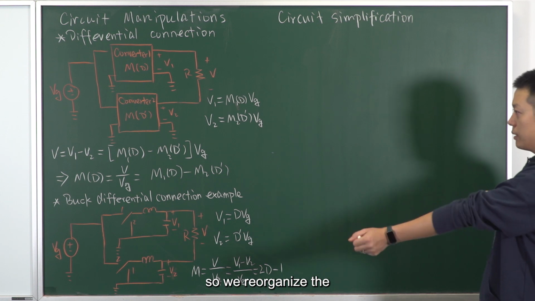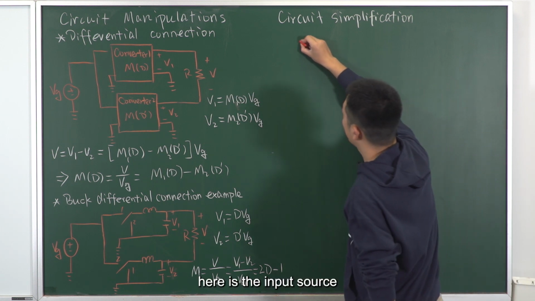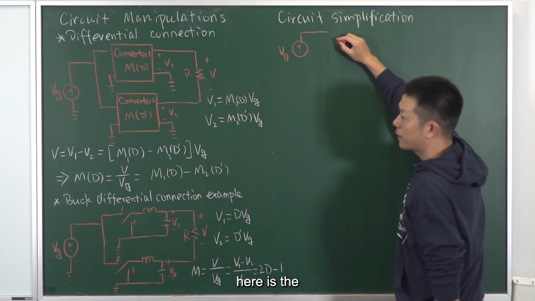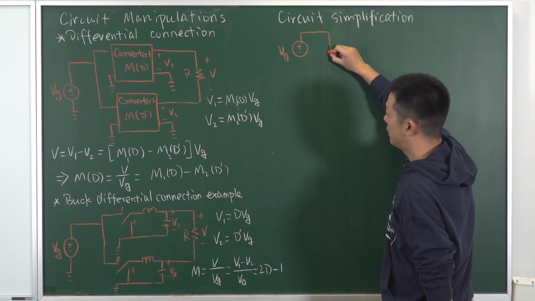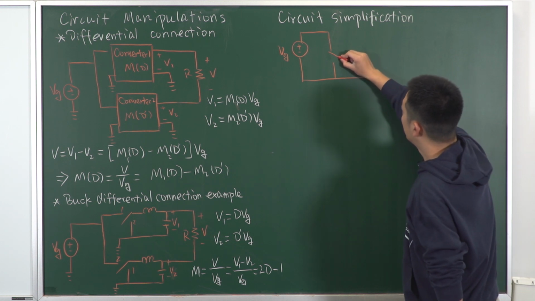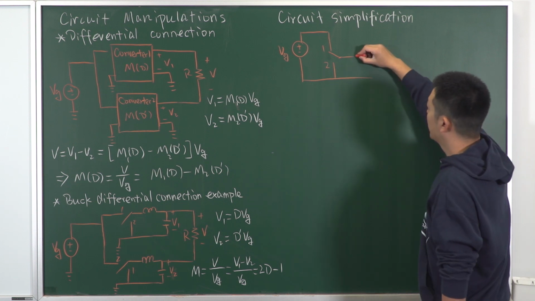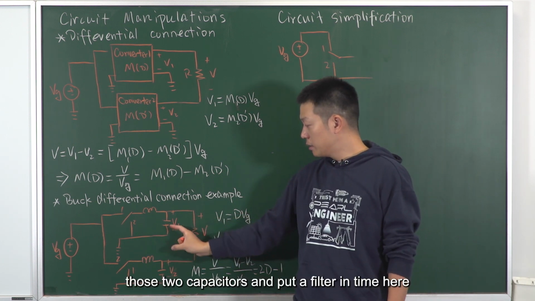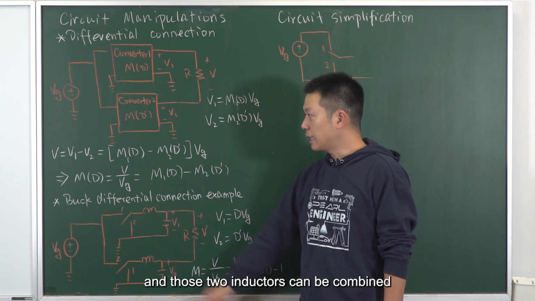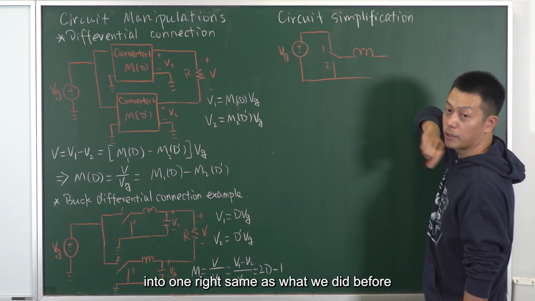So we reorganize the circuit schematic and replot it. Here is the input source. Here is the switch network. This is position 1, position 2. We eliminate those two capacitors and put a filtering cap here. And those two inductors can be combined into one, same as what we did before.